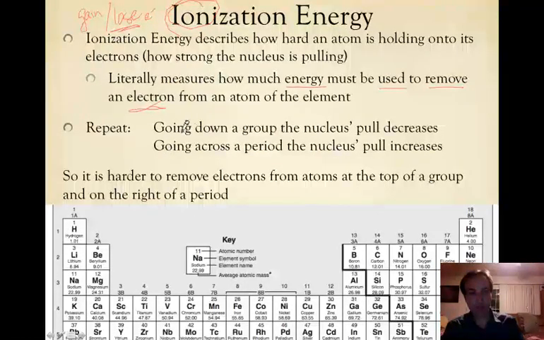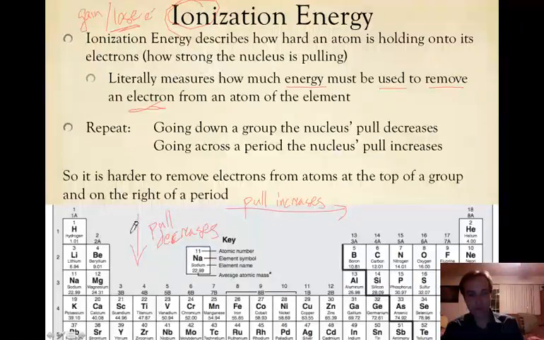Okay, so if we think back to what we just talked about with atomic radius, we know that if we go down a group, the pull decreases, right? And as we go across, the pull increases. And we know that ionization energy is going to be highest when the pull is strongest.